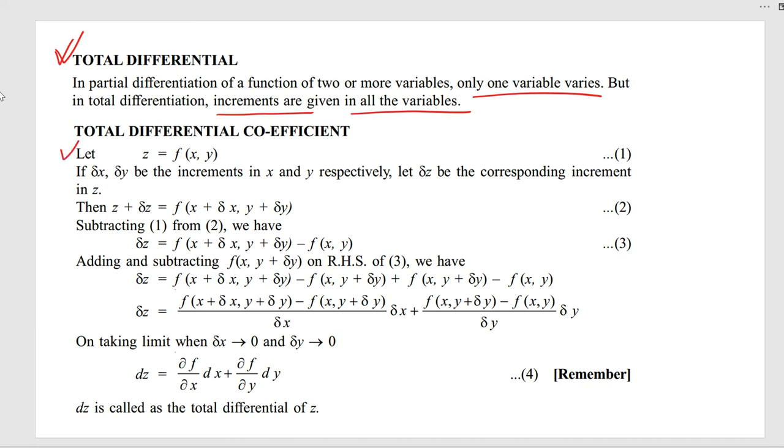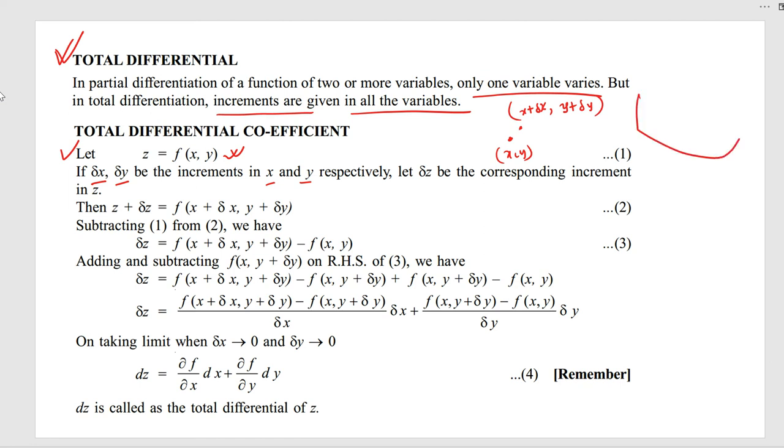So for a two variable function, z equals f of x, y, think of delta x and delta y increments in the x and y directions. For example, here the point x comma y is here, and then you try to increase x to x plus delta x and y to y plus delta y.